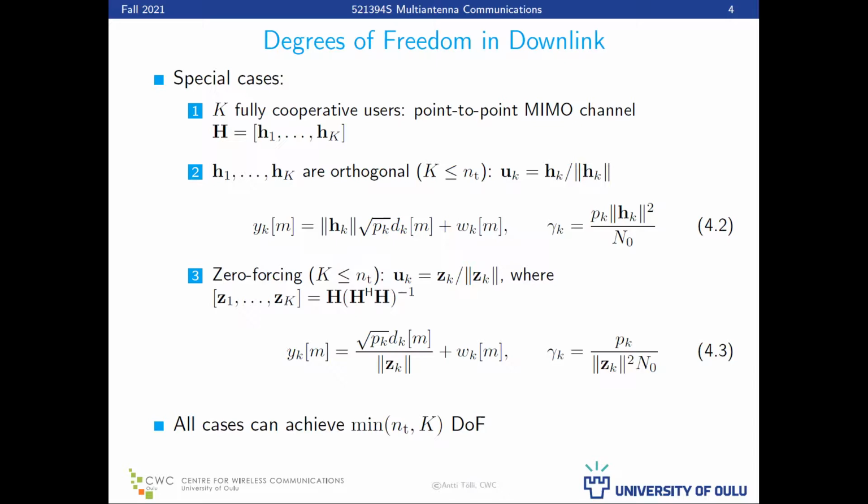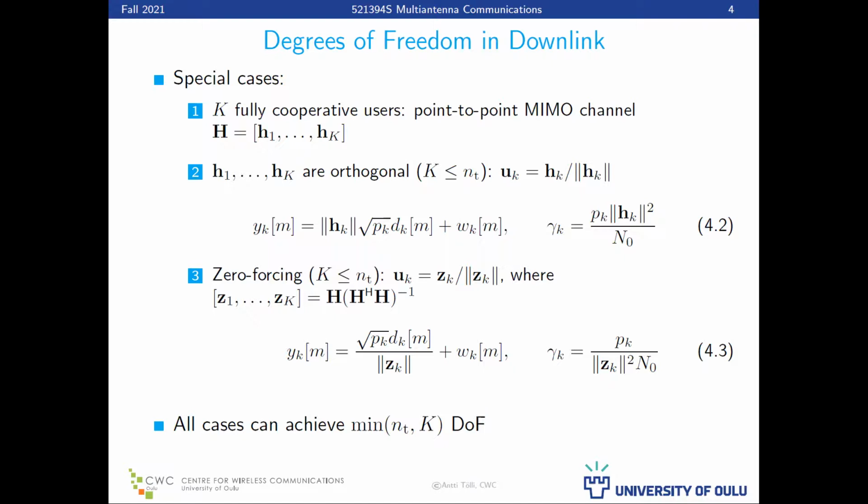So if we plug in yk equals hk Hermitian uk plus the sum over i not equal to k of hk Hermitian ui, now if we apply this beamformer, uk is the normalized match filter, and plug it in here, all these interference terms go to 0, right?